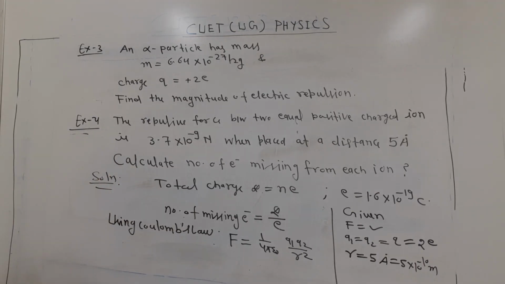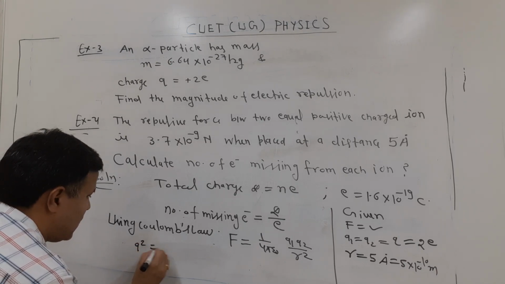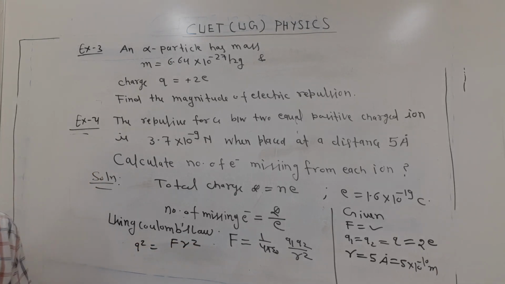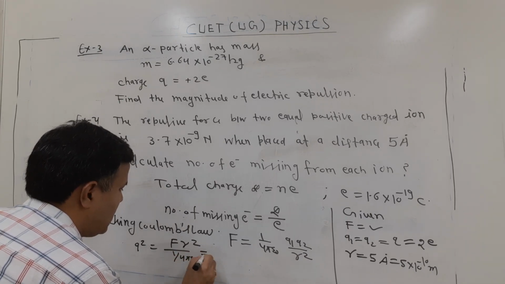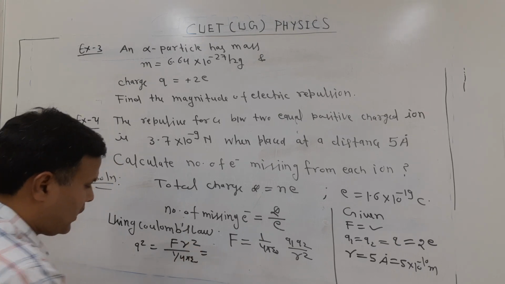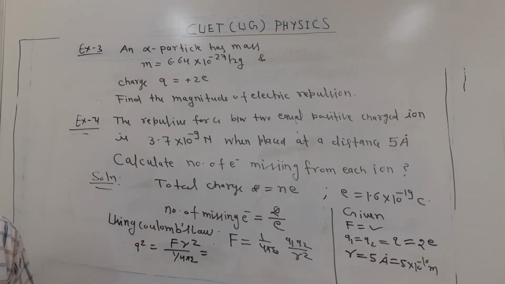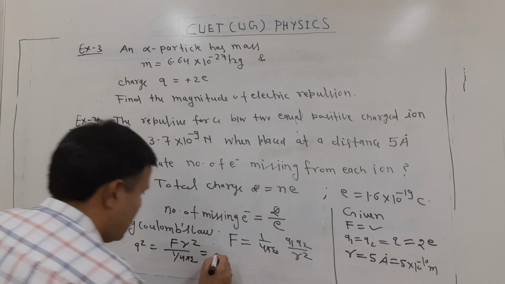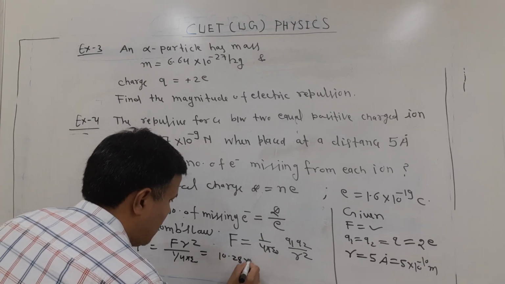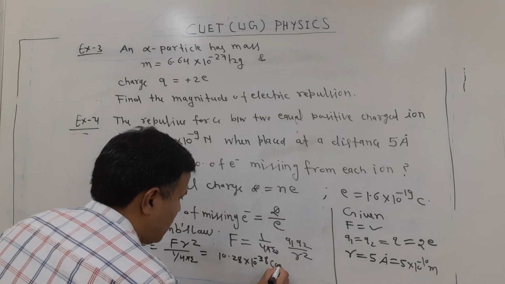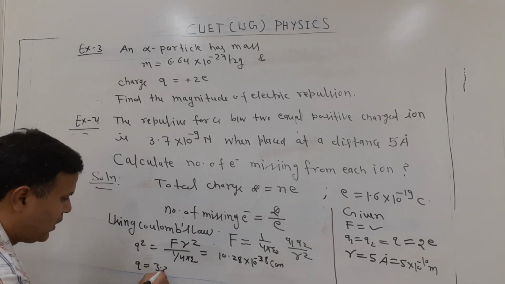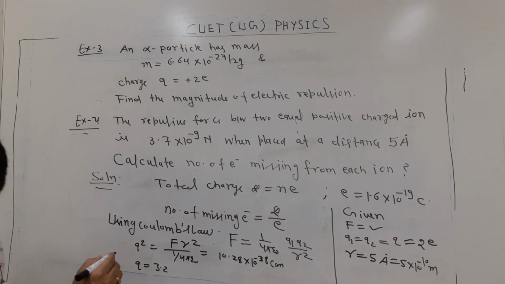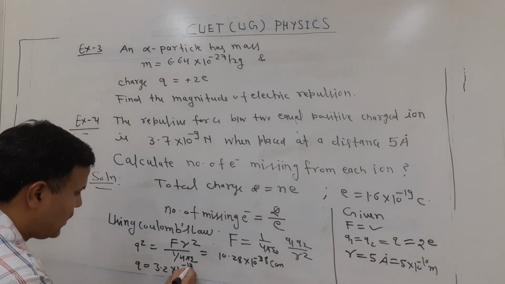So Q square is basically 10.28 into 10 to the power minus 38 Coulomb square, and Q is basically 3.2 into 10 to the power minus 19.